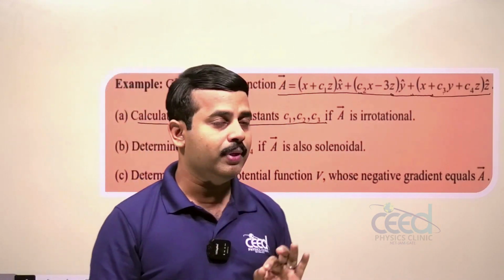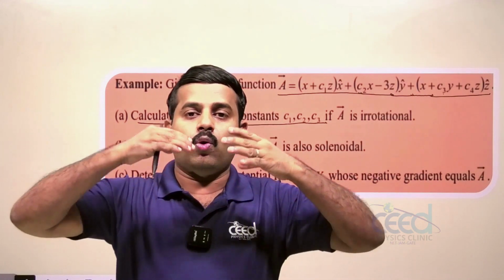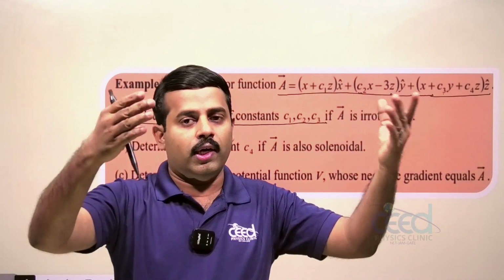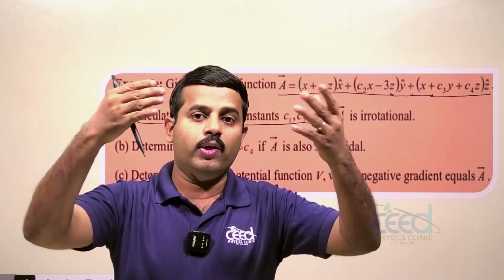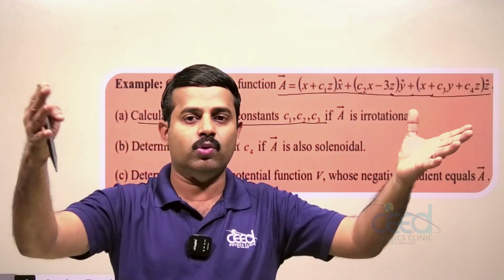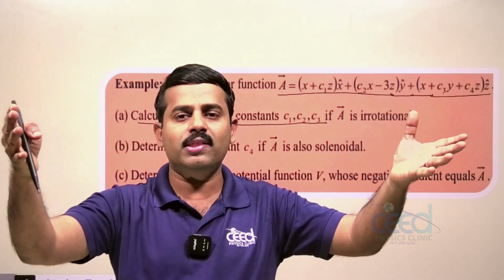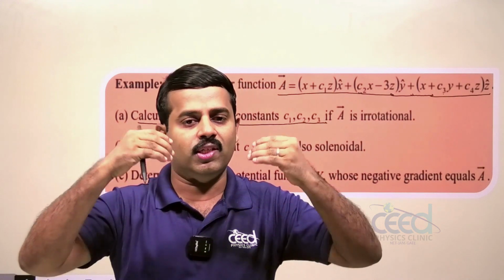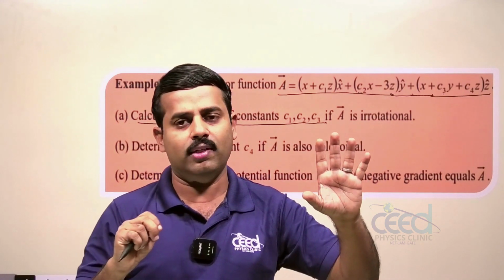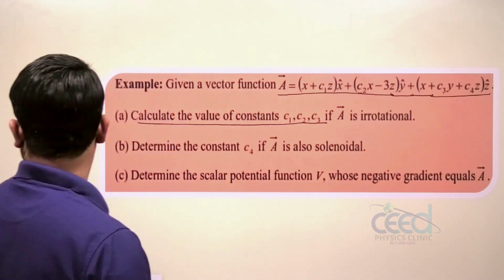So irrotational means it is not rotating, that means del cross A is equal to 0. Another condition is solenoidal. If a function is solenoidal, it is not diverging, that means the divergence of that function is 0. So let us do the first question.